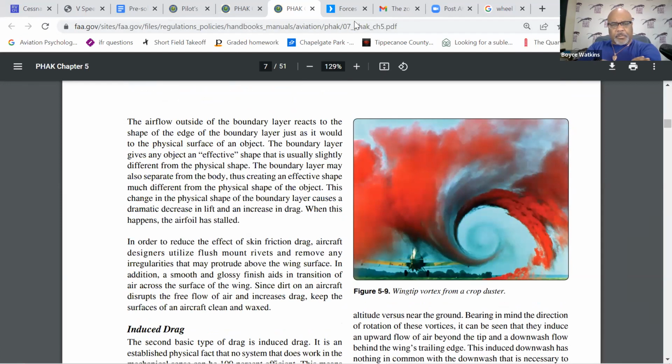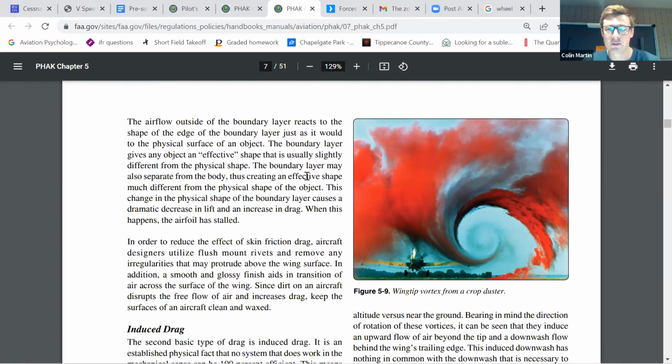Like maybe flying a certain way? The other one, parasite drag, seems built around form, interference, and skin, so it seems connected to the design of the plane. So I'm wondering, is induced drag something I can actually control as a pilot? Yeah, in a way.